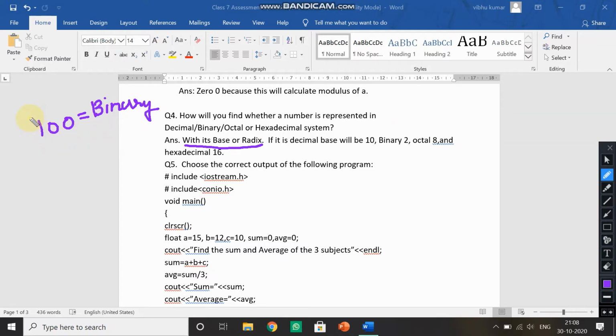But if the number has got the base, if it is written like this, then it is very easy: this number is representing a binary number.